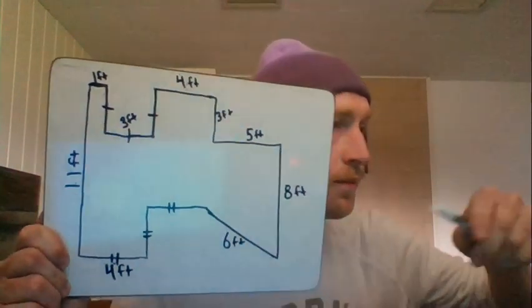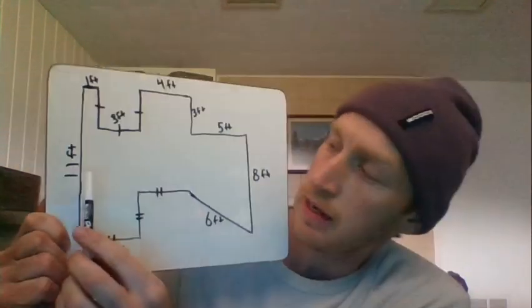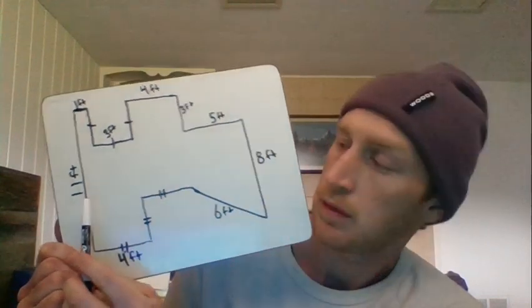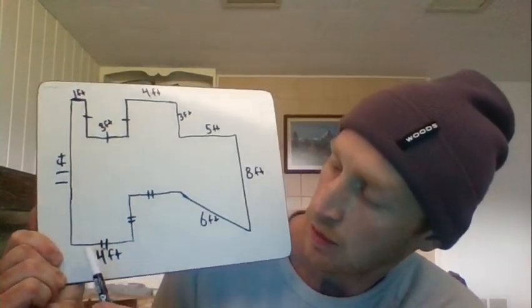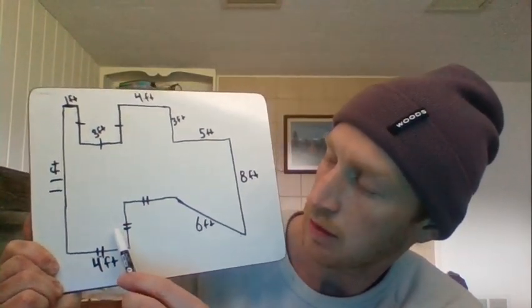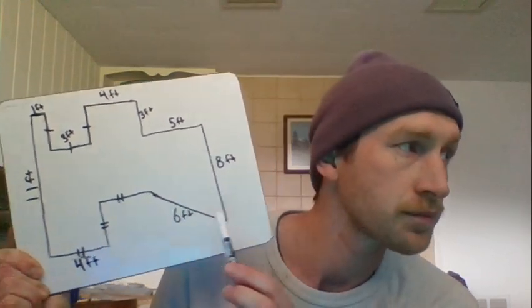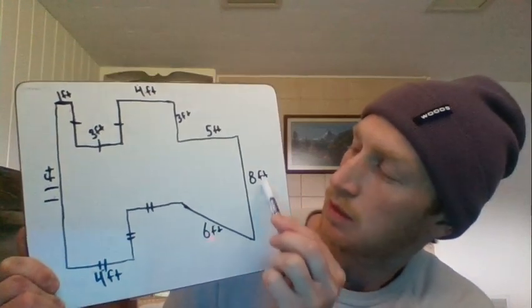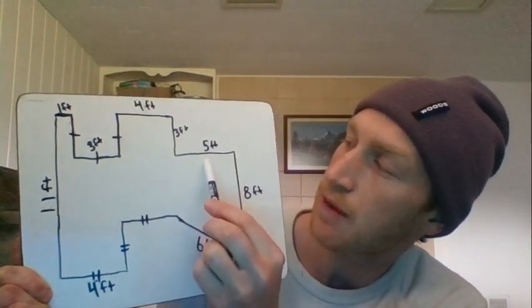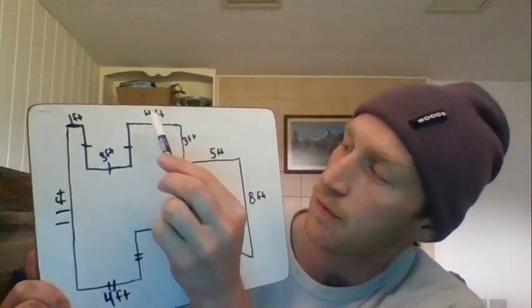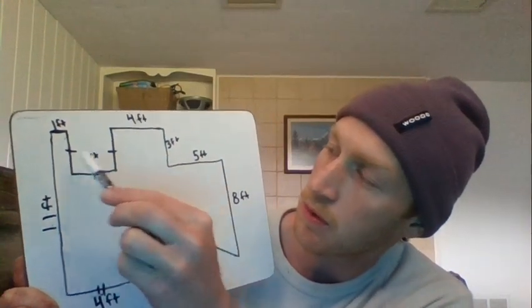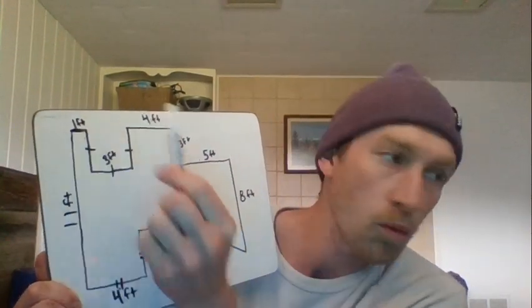So we have this long line on the side here is 11 feet, 4 feet. It's going to be the same for those ones. This diagonal line is 6 feet. This long one here is 8 feet. We got 5 feet, 3 feet, 4 feet, and then boom, boom, boom. All those are 3 feet, and we got a little 1-footer up there.